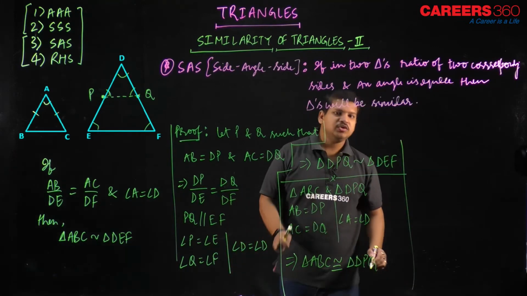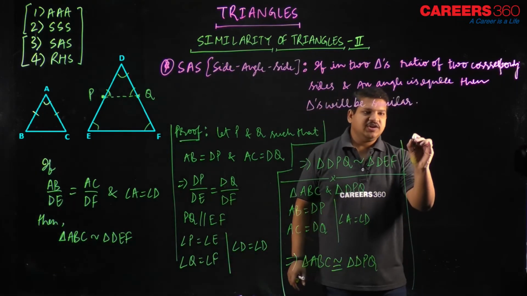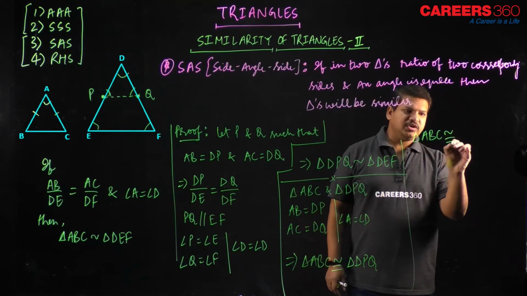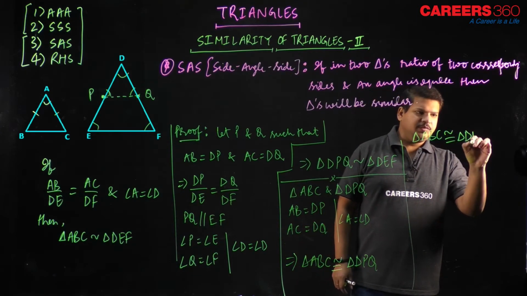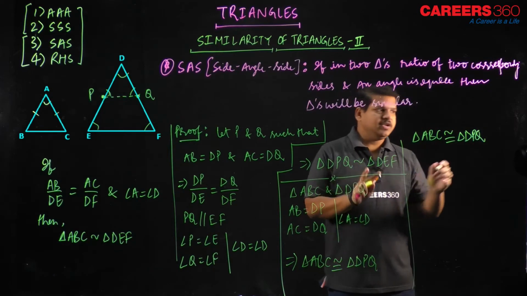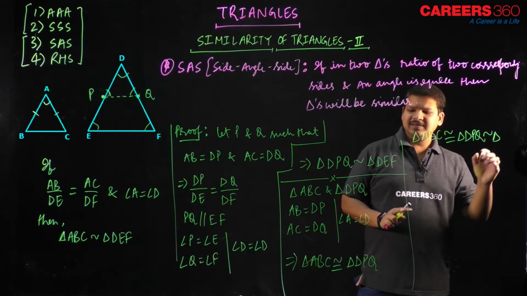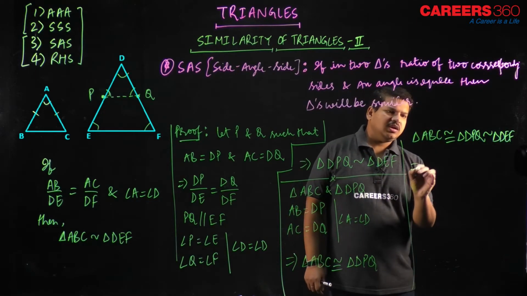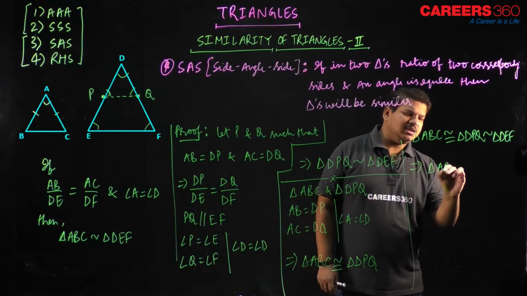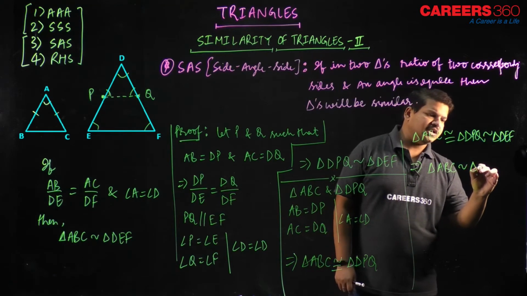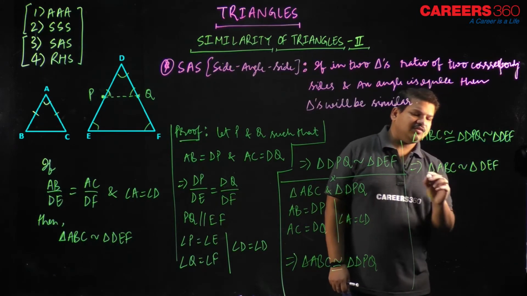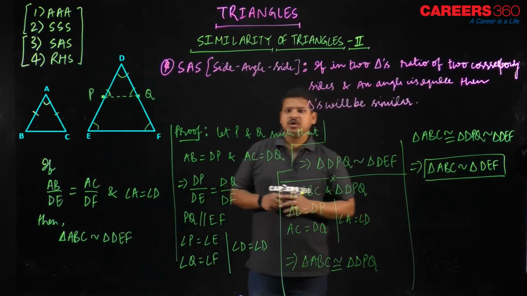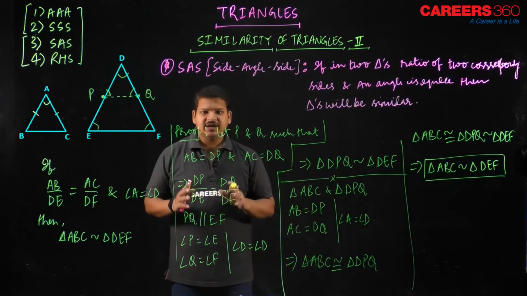Now, with the same analogy, if triangle ABC is congruent to triangle DPQ and triangle DPQ is similar to triangle DEF, then triangle ABC is similar to triangle DEF. I hope it makes sense to you. So that was all about the side angle side criterion.